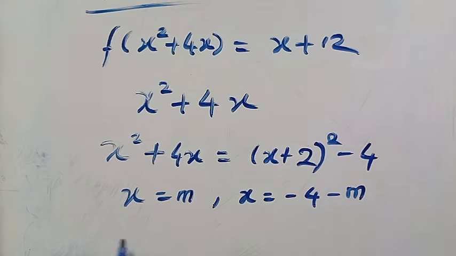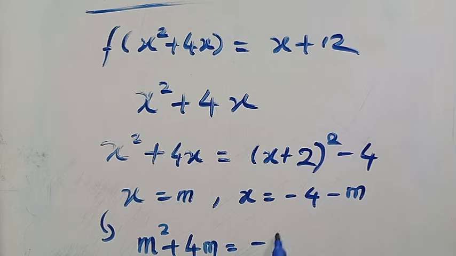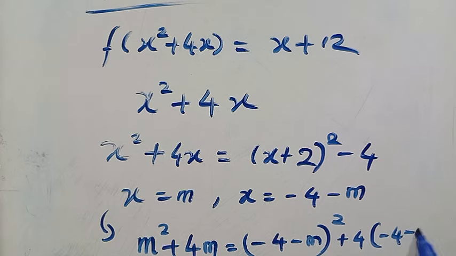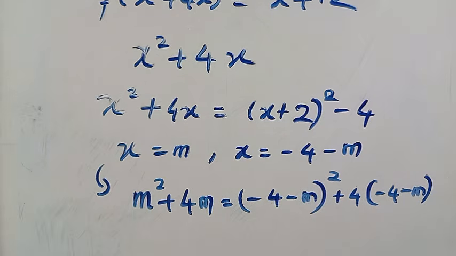If you substitute the first one, we have m squared plus 4m, and this is still the same thing as when we substitute minus 4 minus m all raised to the power of 2, plus 4 into bracket of minus 4 minus m. If we put this together, we get the same thing on the two sides. So indeed, we can consider that for every m squared plus 4m, we have this, right?